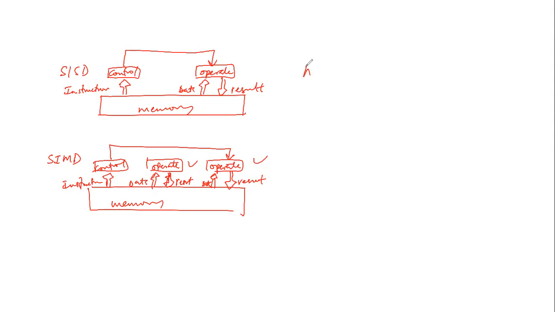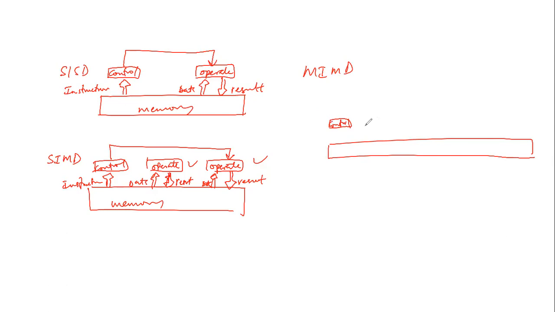And then we have the multiple instruction stream, multiple data stream, where we have something like this. We have control and operate, then we have another control and another operate.